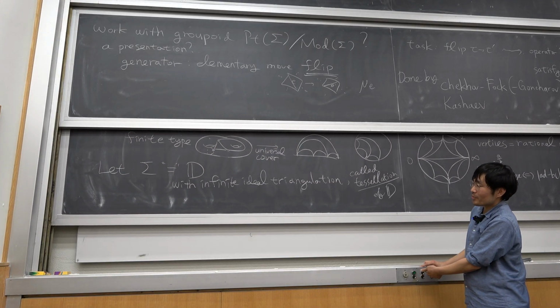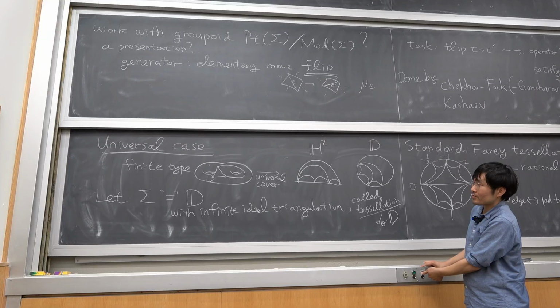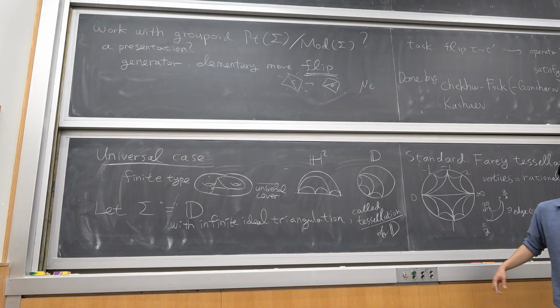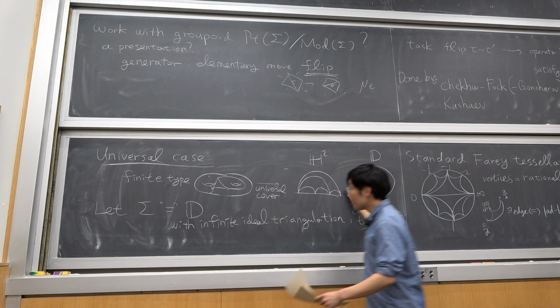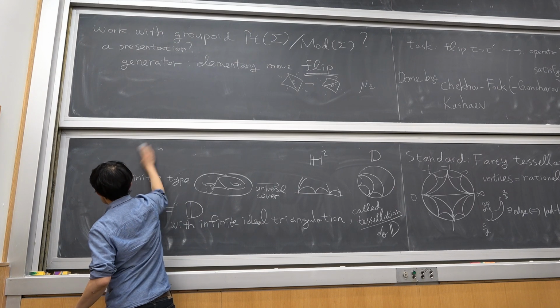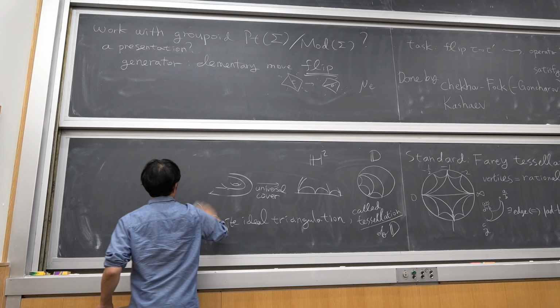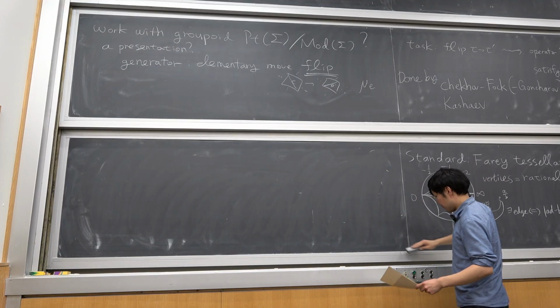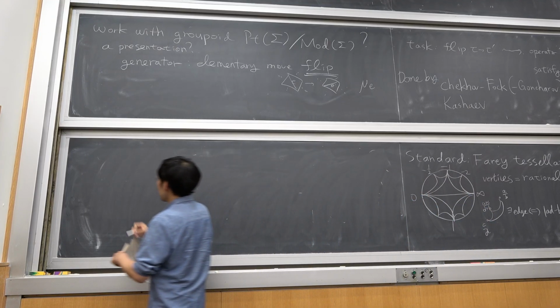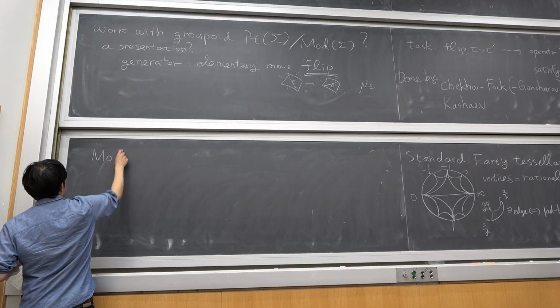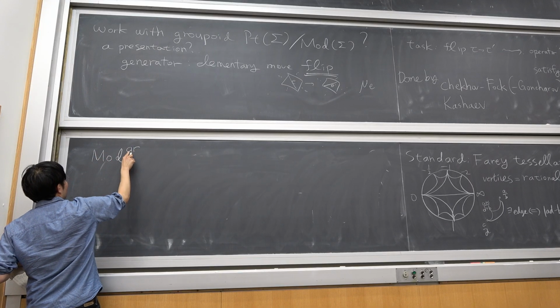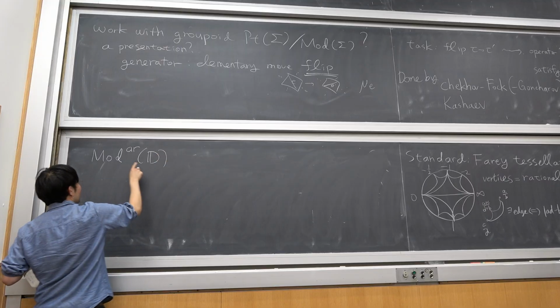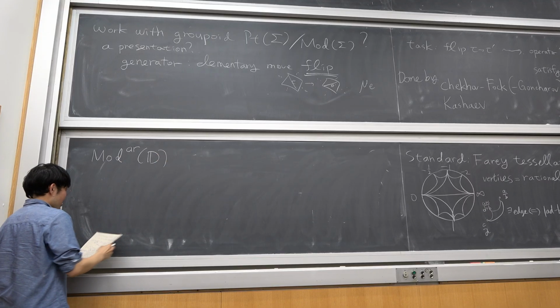So you do want to talk about the self-diffeomorphism of the open unit disk, but you want to preserve that kind of tessellations. So let me define such a mapping class group. Instead of saying mod, I'll put AR. That stands for asymptotically rigid.